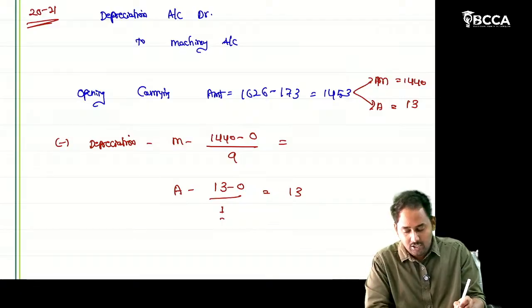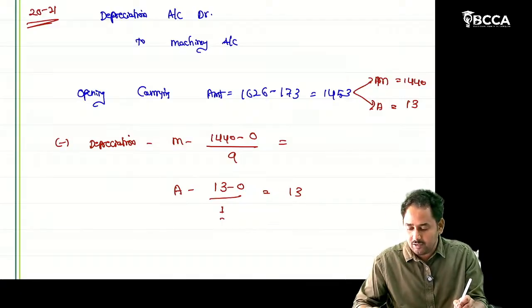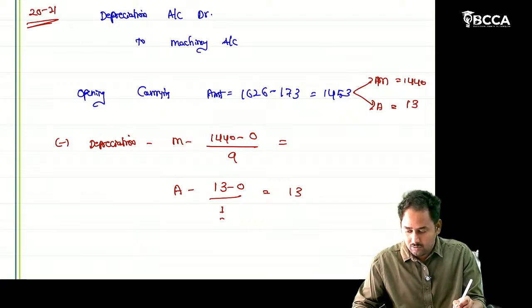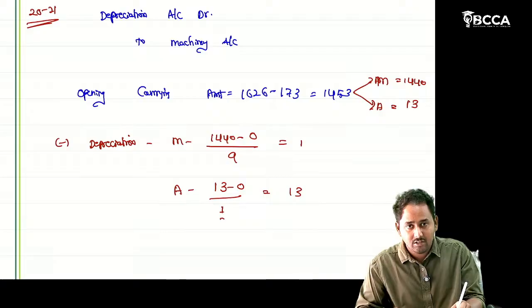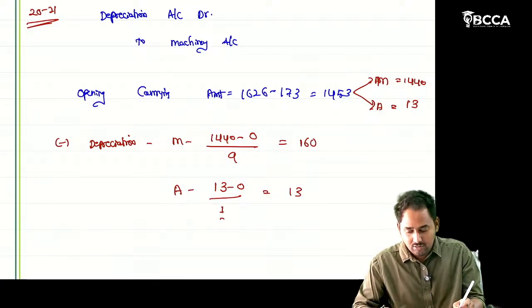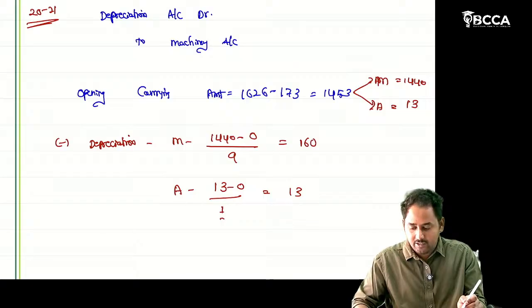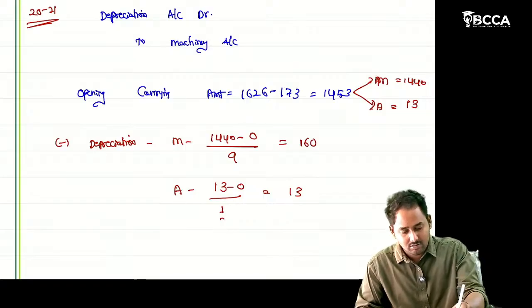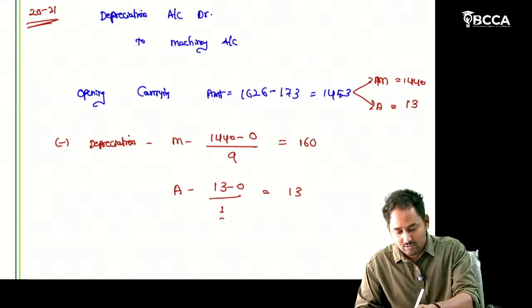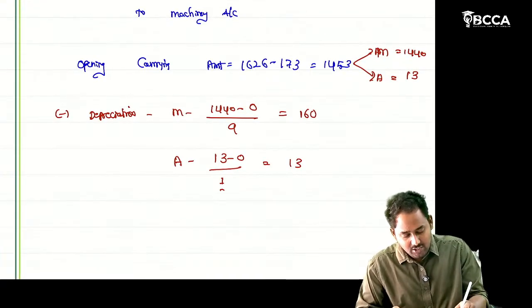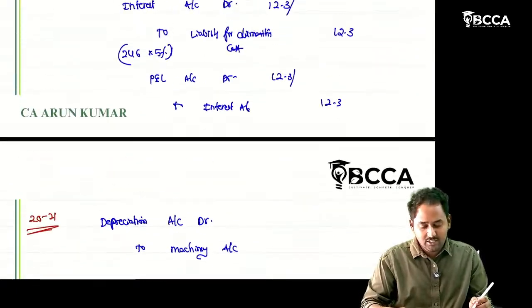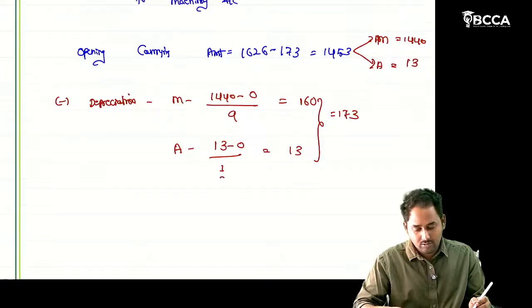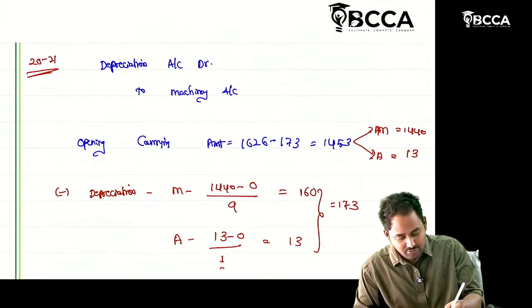Then 1440 divided by 9 years is 160. So what is the total depreciation here? Again it is 173. So I need to provide the depreciation for 173 and 173.